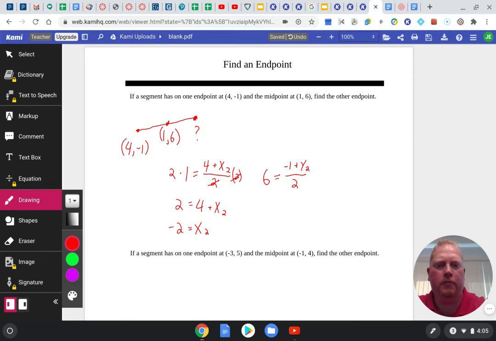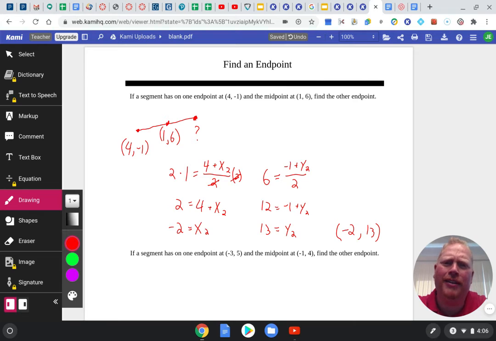Do the same thing over here. Multiply both sides by 2. And then get rid of that -1 by adding 1 to both sides. So that means my coordinate is (-2, 13).